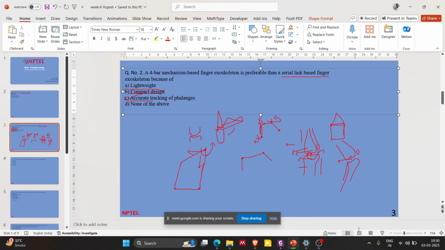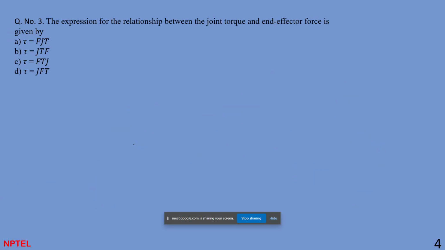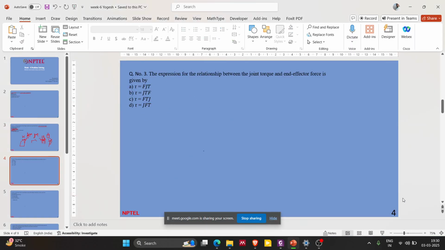Okay, so this is question two, and let's move on to a new question. This is the same expression-based question: the expression for the relationship between joint torque and end effector force. I think you already know this. Basically, the Jacobian maps data from joint space to end effector space.